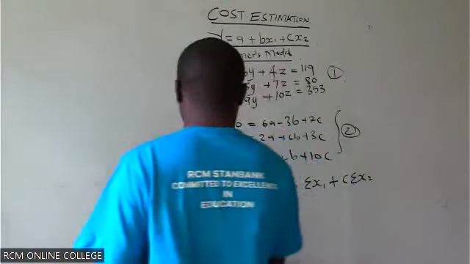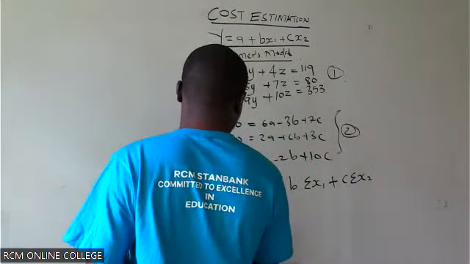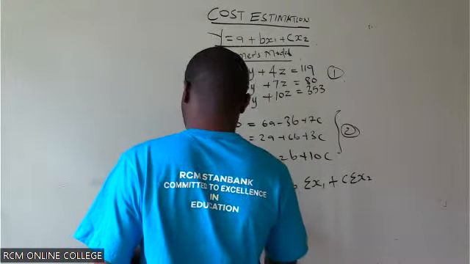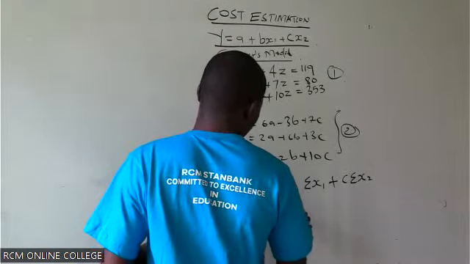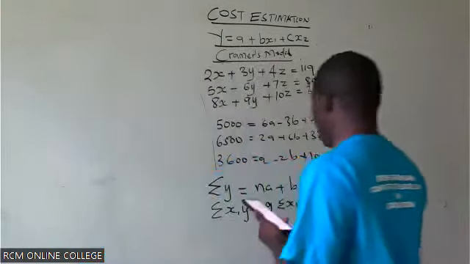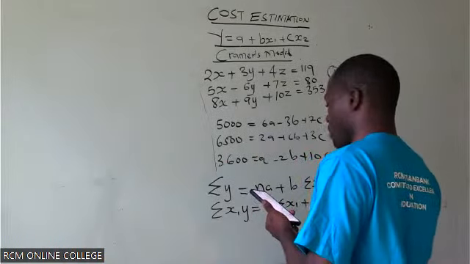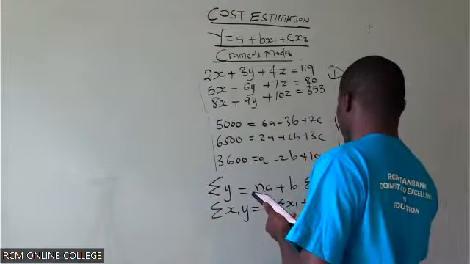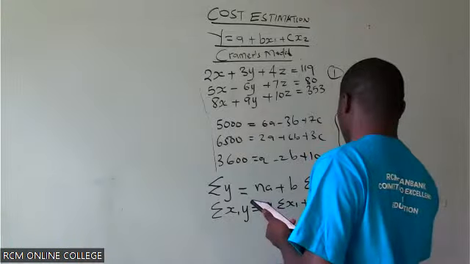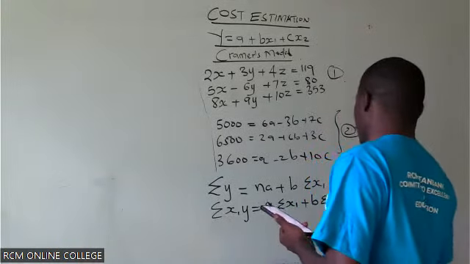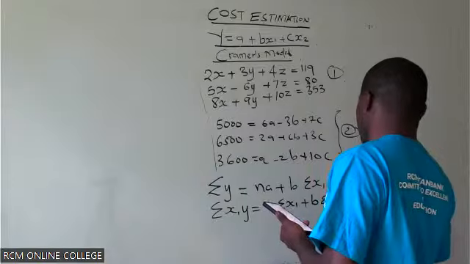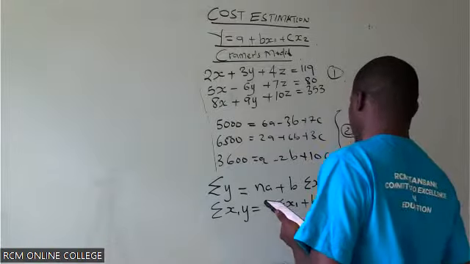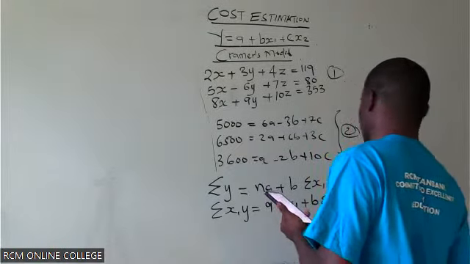Then we need to get summation of X1 Y is equal to A summation of X1 plus B summation of X1 squared plus C summation of X2, then summation of X1, X2.